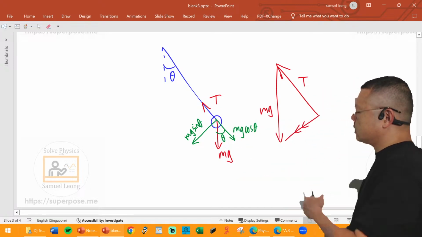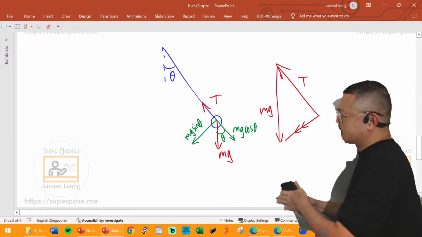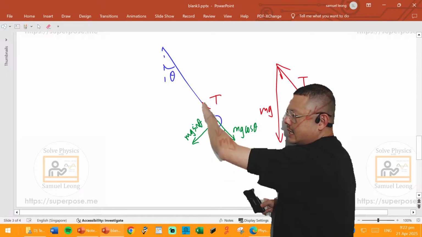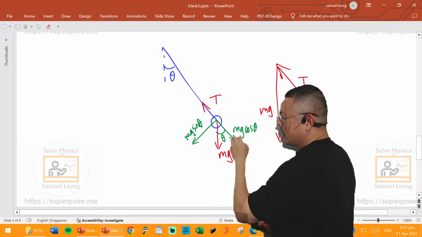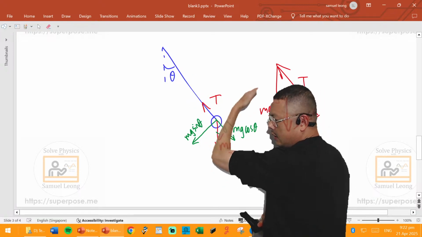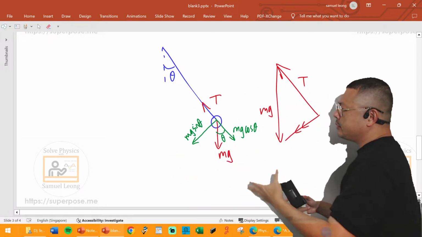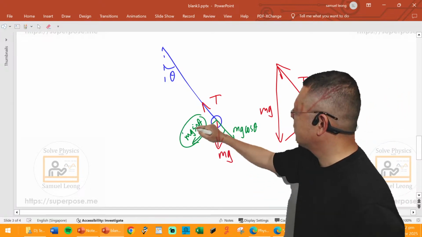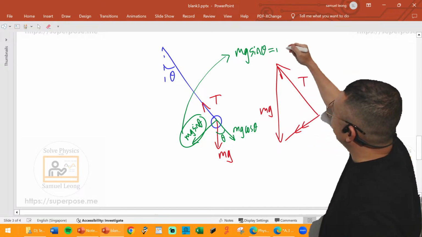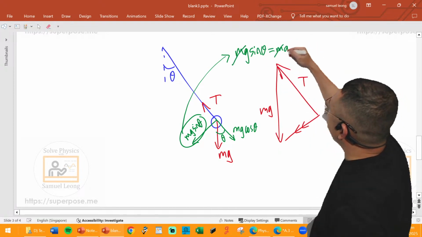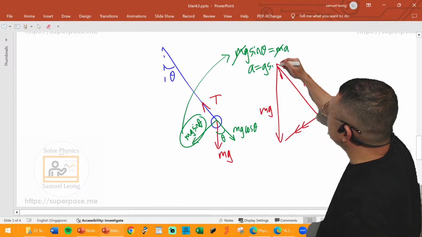Our understanding is since they are in the same line, and this pendulum doesn't break off the string and fall this way or go up this way, it's going to go another way. mg sine theta is the resultant force. So mg sine theta equals ma, the m cancels off, a equals g sine theta.